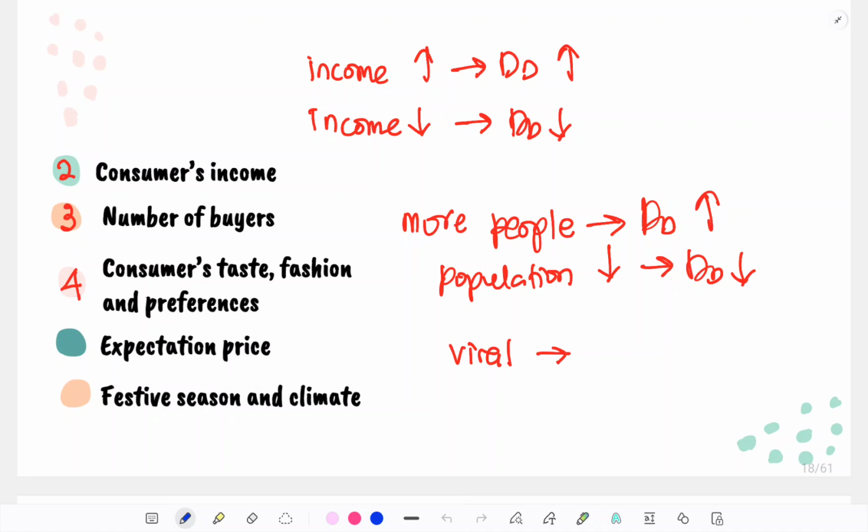So that will make the demand for the product increase and the demand curve will shift rightwards because more people like it now. But if people lose interest in the product, it will lead to a decrease in demand and the demand curve will shift leftwards.